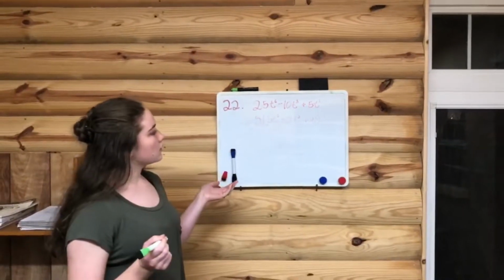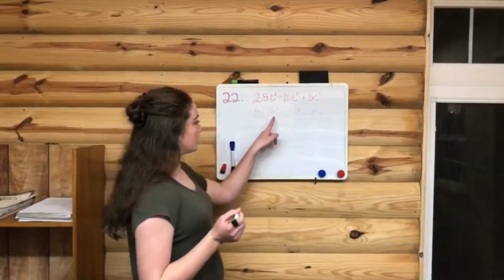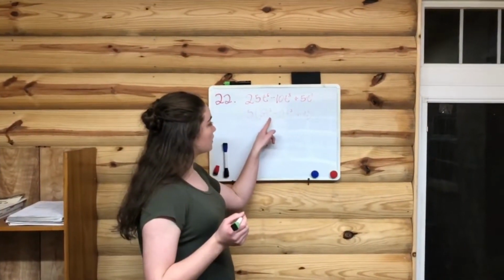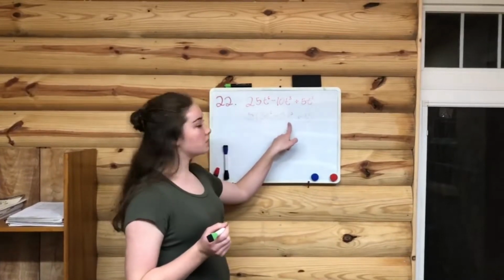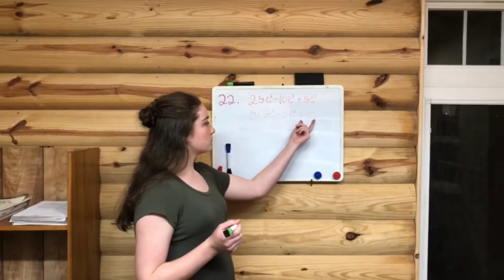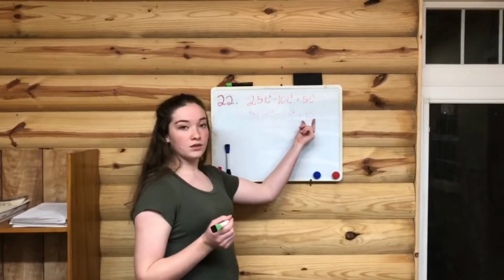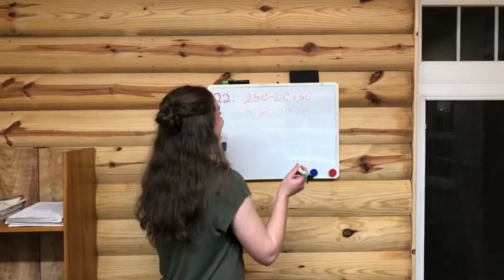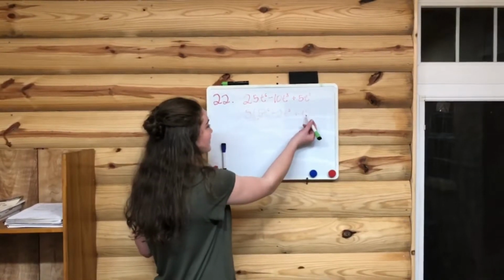So the next thing that you can see that can be taken out is the t. You can only take out t squared, you couldn't take out t cubed because there's no t cubed in this part.